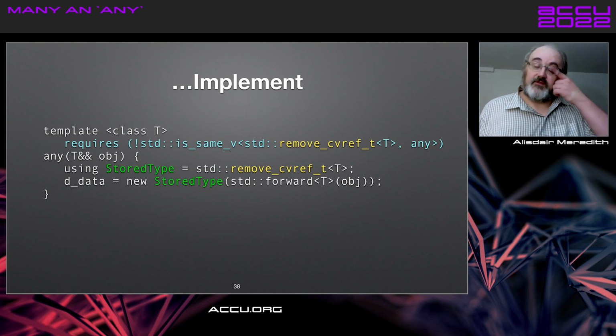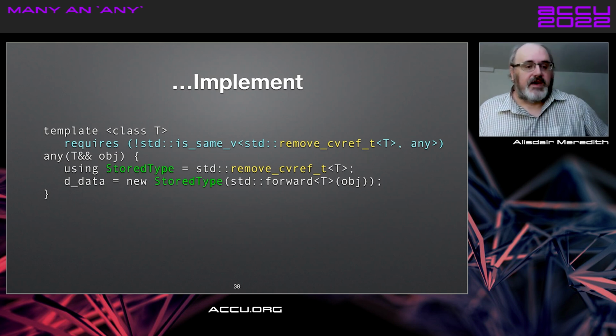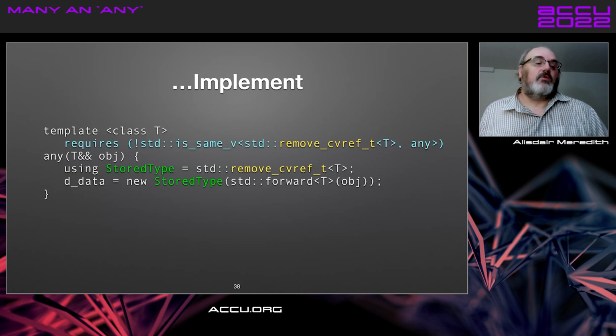It will not be reference qualified. It will just be that type. But if the argument I passed is an L value, then T will be deduced to be an L value reference. This is how the forwarding references work.